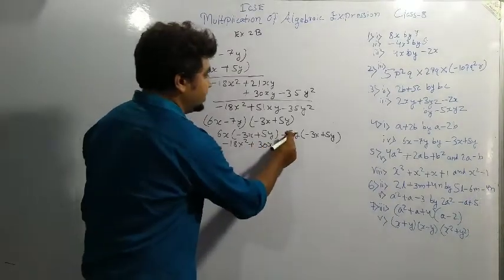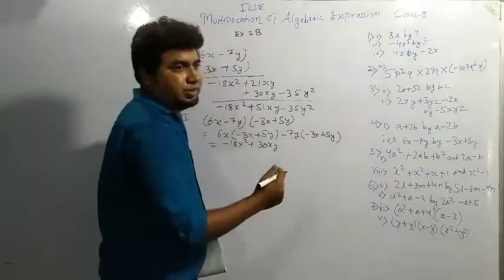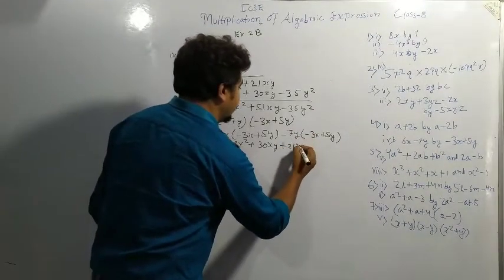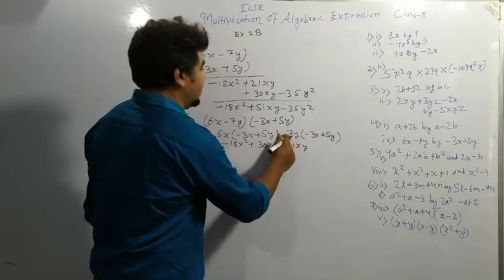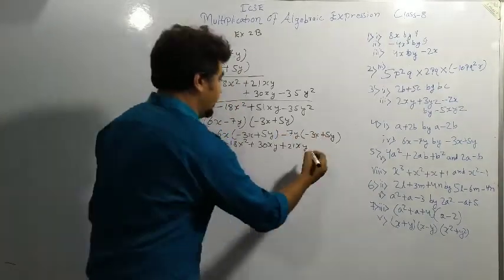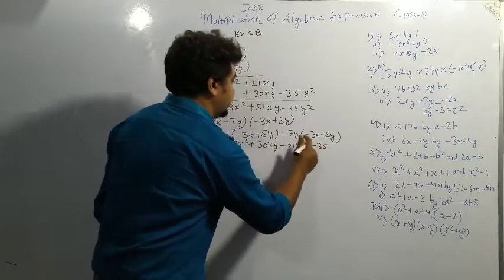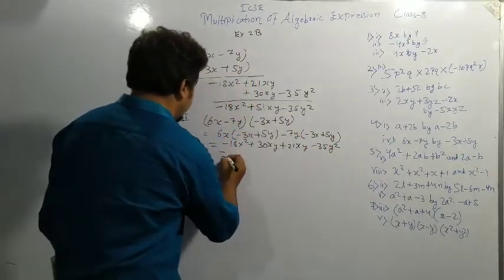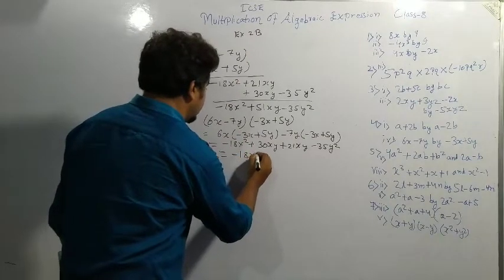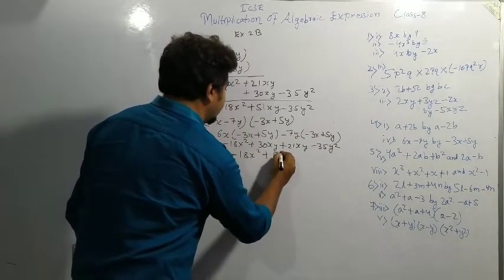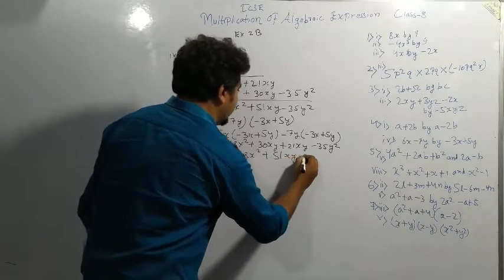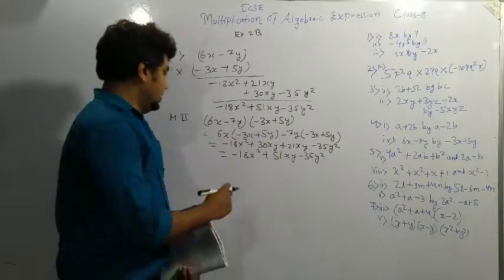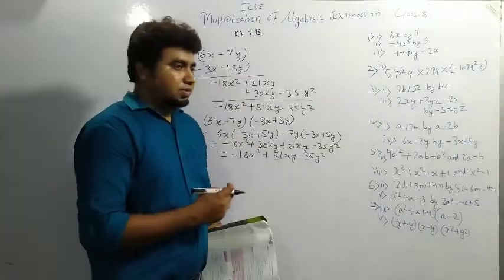Here minus 7 into minus 3 will become plus 21, x into y is xy. Minus 7 into 5 is minus 35, and y into y is y square. So we are getting minus 18x square plus 51xy minus 35y square. So this is the same question, we are doing it by the previous method.